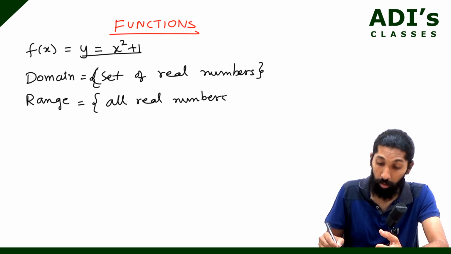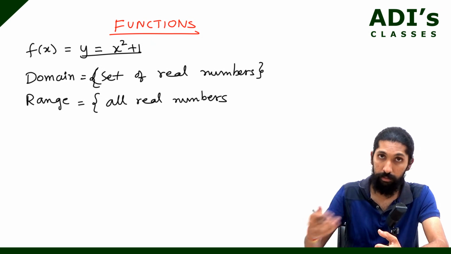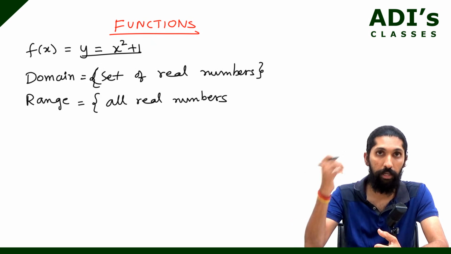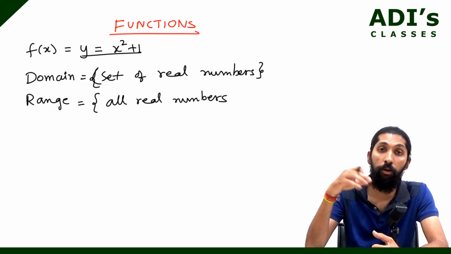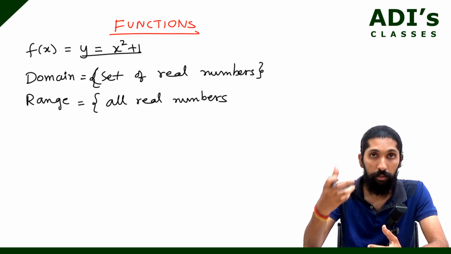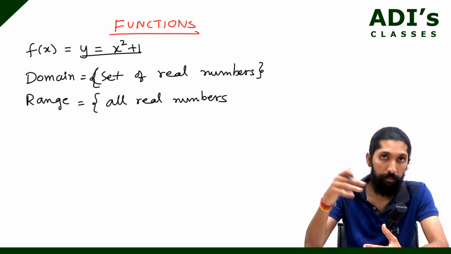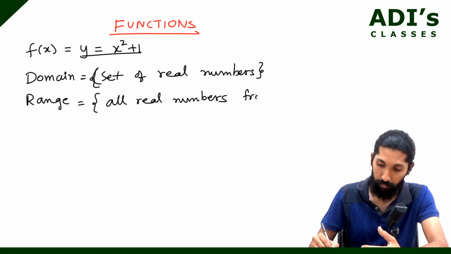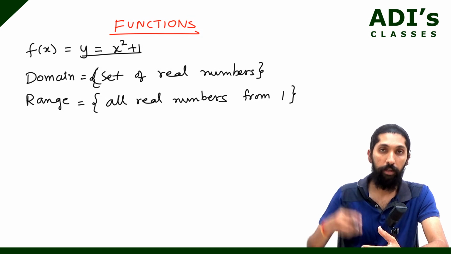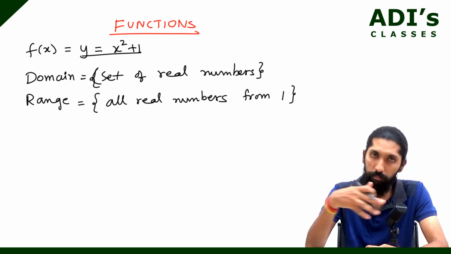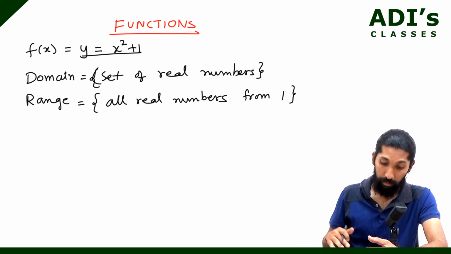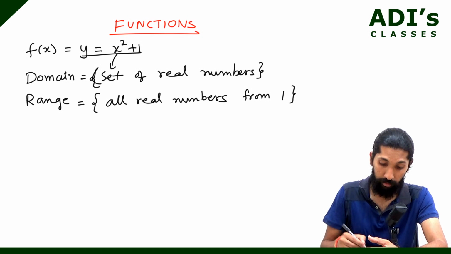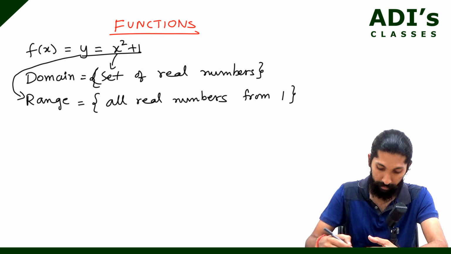I'm deliberately not using the symbol to write this; I'm just writing in terms of words. As we go into further classes, you will understand how to write these in the symbolic form. All real numbers from 1, like 1, 1.5 to 2.5, something like this. Domain is what values x can take, and range is what values y can take.